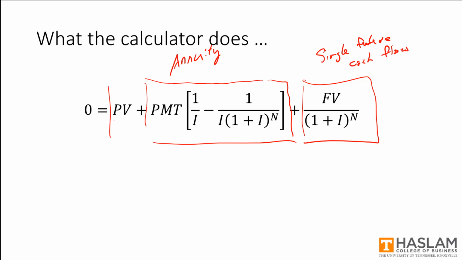And here back on the left, we've got a single time 0 cash flow. And so as you see from this equation, the calculator takes all of these inputs that it's given and sets the total present value of all 3 boxes to 0.